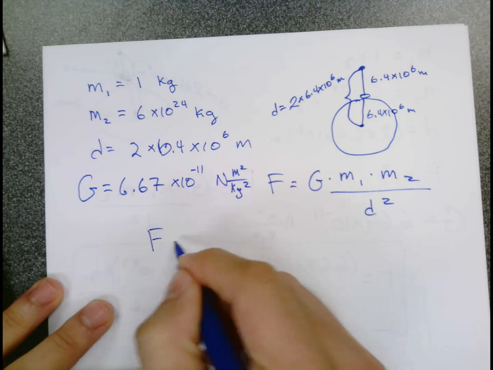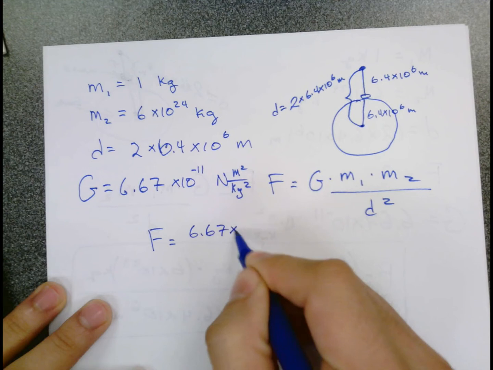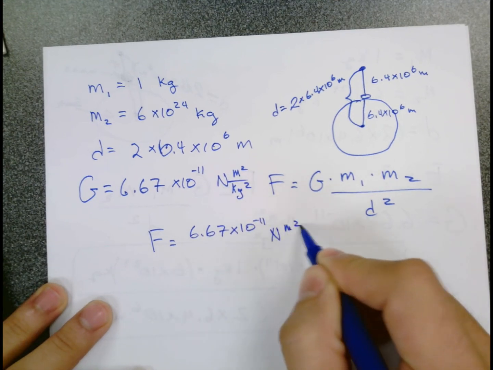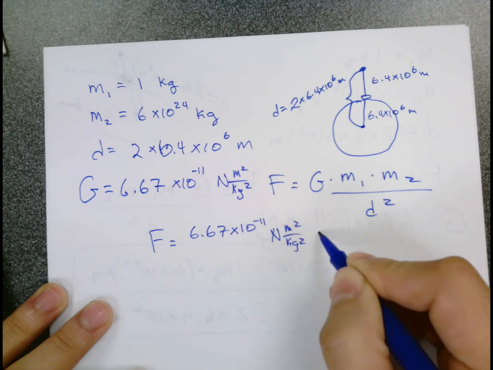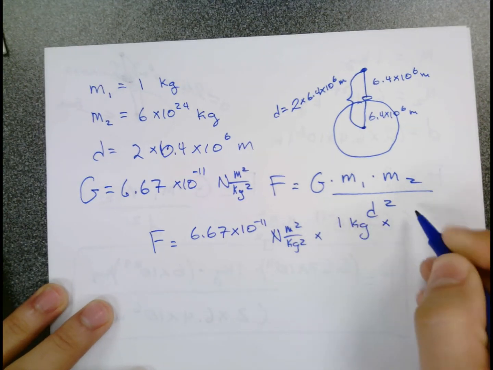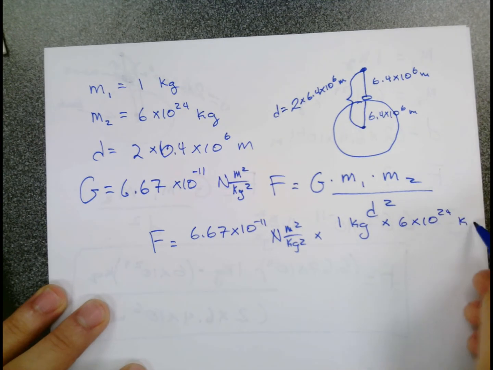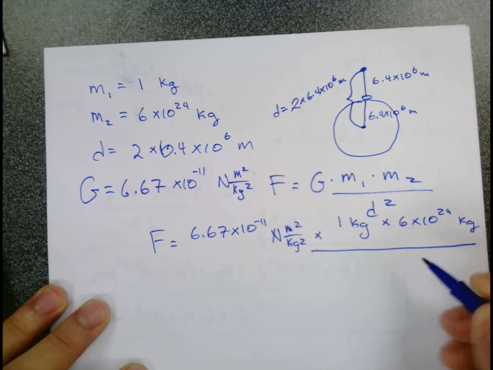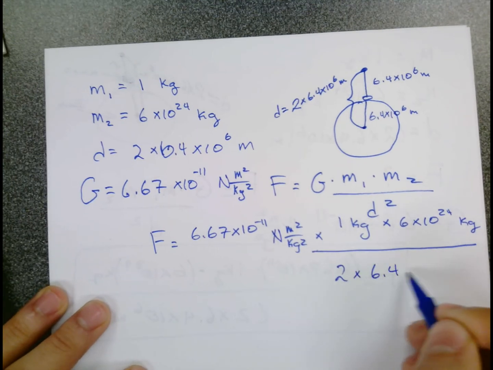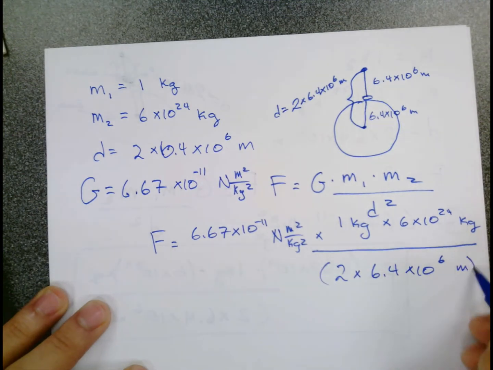F is equal to 6.67 times 10 to the minus 11 Newton meters squared over kilograms squared times 1 kilogram times 6 times 10 to the 24th kilograms divided by 2 times 6.4 times 10 to the 6 meters squared.